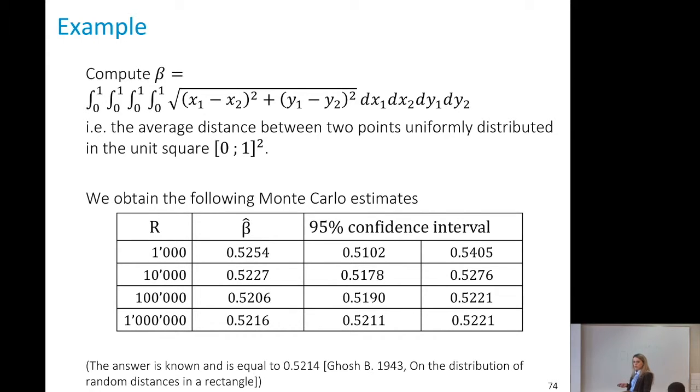Okay. So as we increase the number of replicates, we become more certain about our estimate. We have less uncertainty about our estimate. Okay. So if we can computationally, it's good to obtain a large number of samples when we're using Monte Carlo.